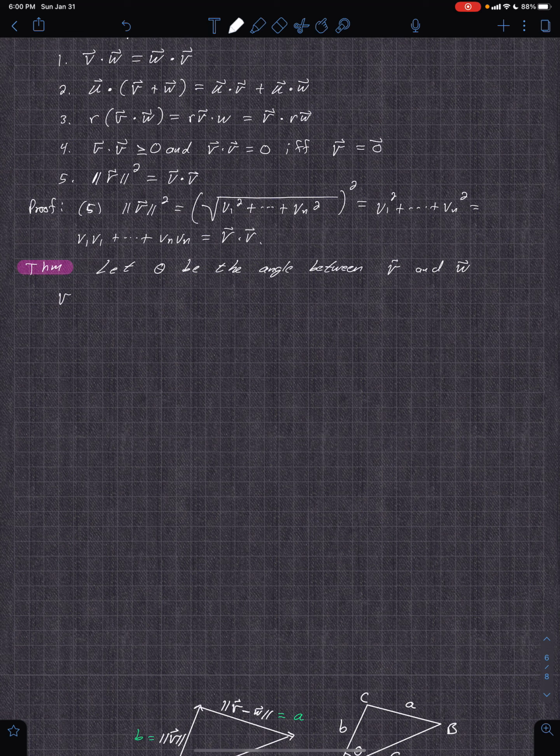This is the one that says V dot W is equal to magnitude V, magnitude W, cosine theta. Then you can rearrange that so that cosine theta is equal to V dot W over magnitude V, magnitude W. We're going to assume V and W are both not equal to the zero vector.